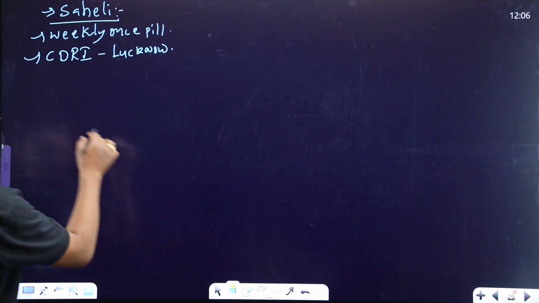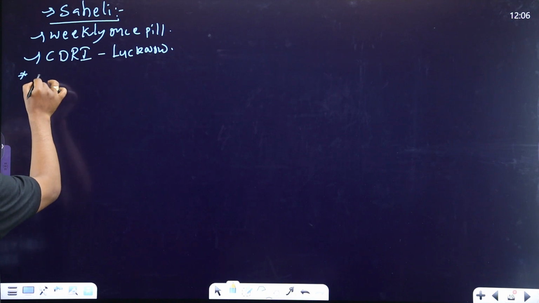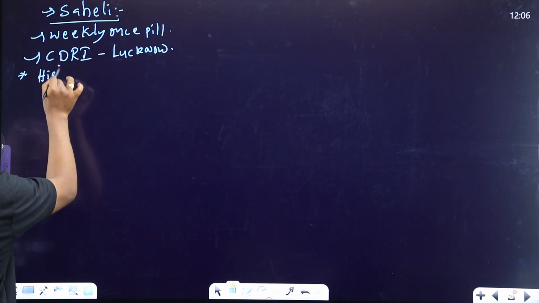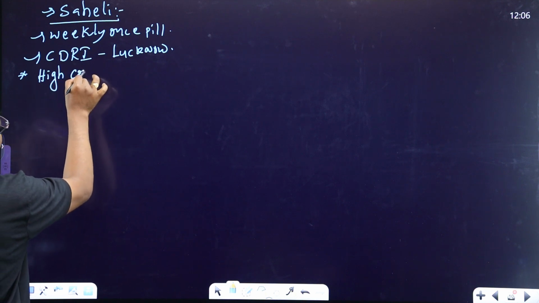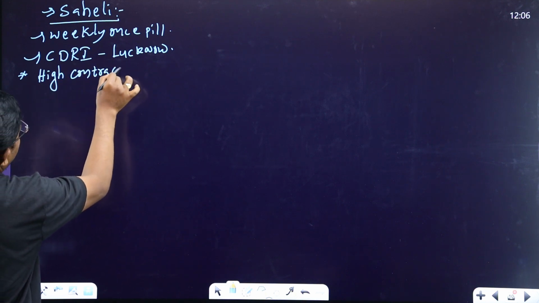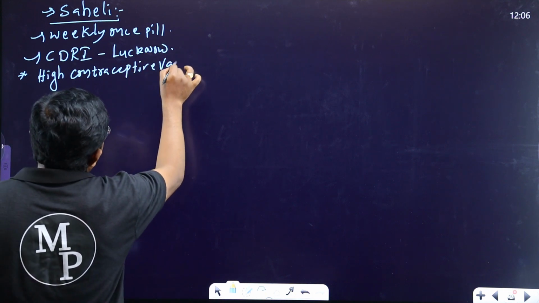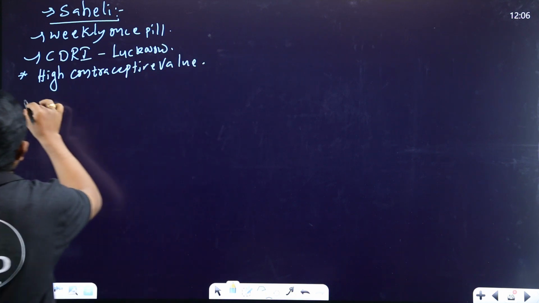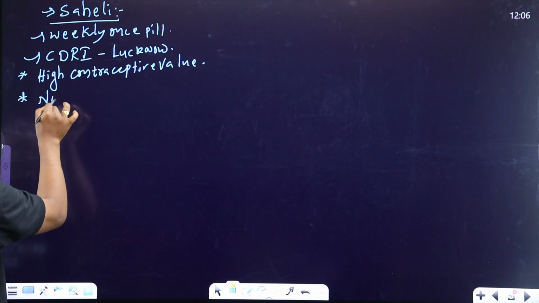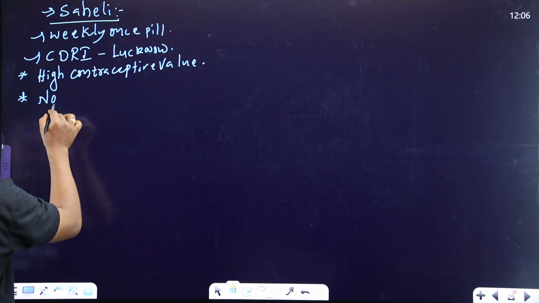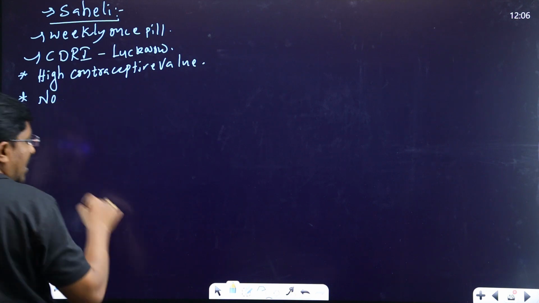Saheli has high contraceptive value and less side effects.